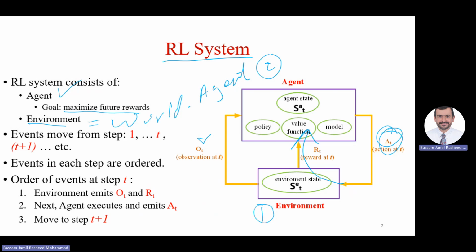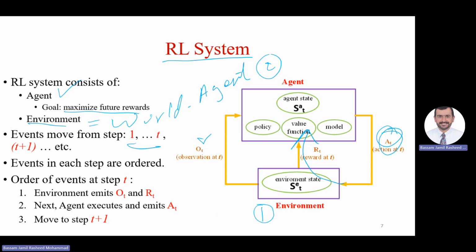In these typical systems, I hate to use the word discrete, but this is what we do: we discretize the time. We assume that we are in step one, then step two, and then step three. We refer to this as T, the time step. So when we talk about T plus one, that means the next time step that comes after T.